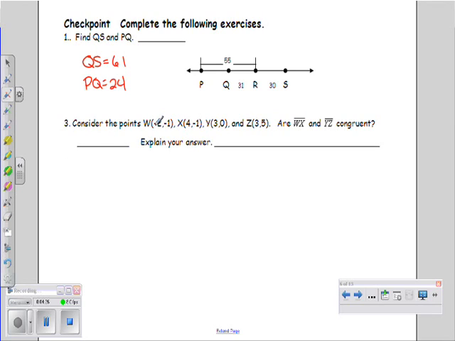And also, you should have found that WX equaled 6 and YZ equaled 5. And since 6 does not equal 5, then we would say no, they are not congruent. And your explanation would be because their lengths are different. Seems straightforward enough.